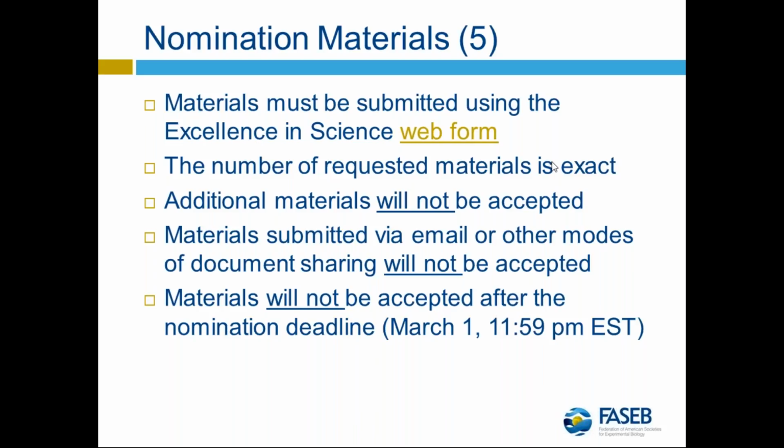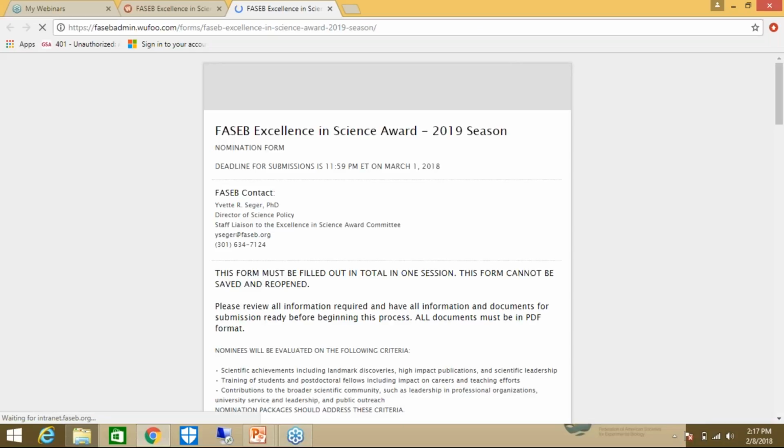So we'll just take a second to click over to the web form just so that you can see it. You'll see some screenshots later in the presentation. And those of you who are familiar with SurveyMonkey and its partner brand Wufoo will recognize this as a Wufoo form. You have my contact information, you have the details about the deadline.